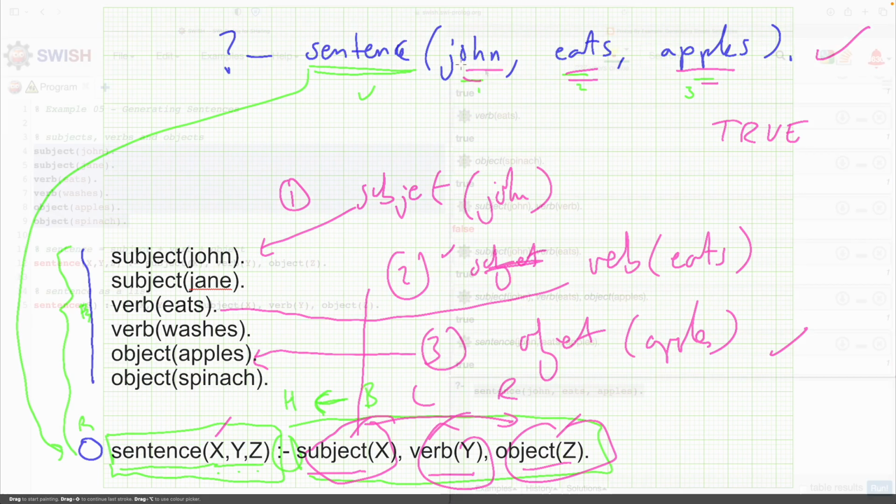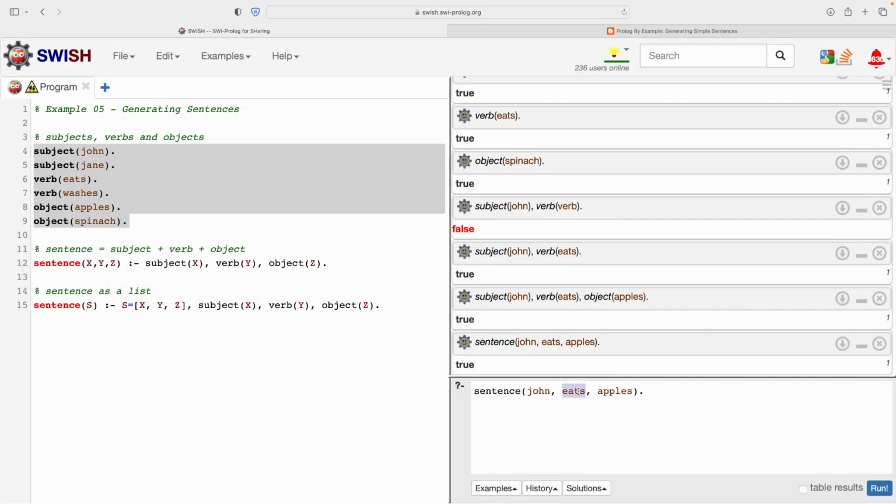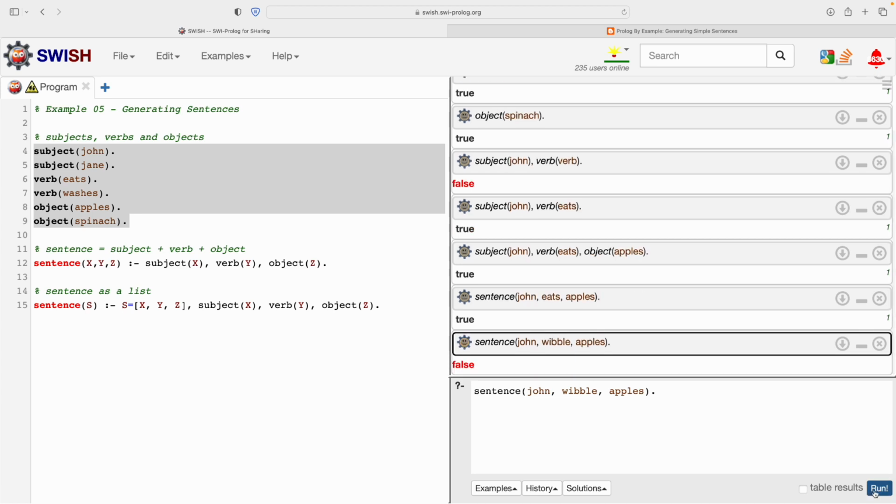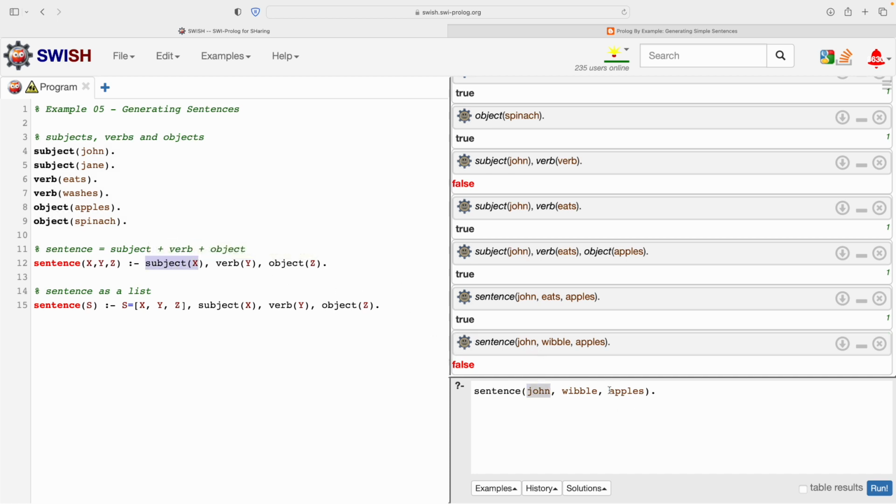Let's try that. So if I say John wibble apples, that should say false, and the reason it's false is because yes, John is a subject and apples is an object, but wibble is not a verb.